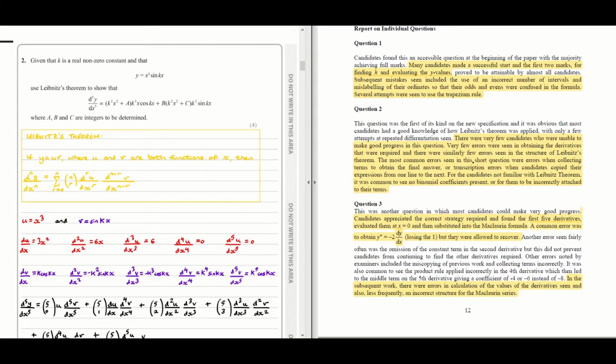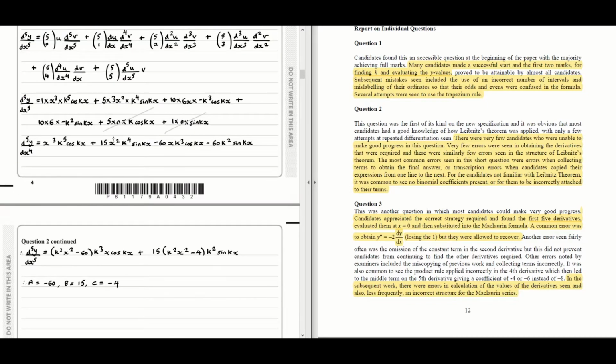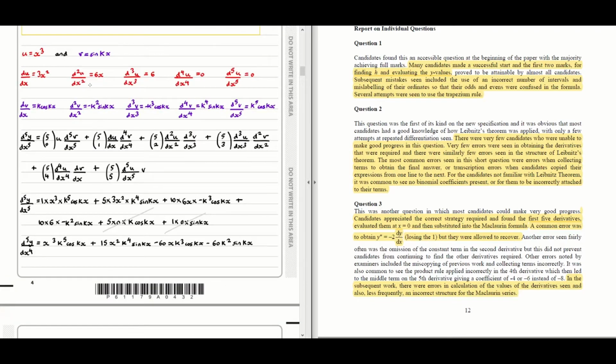The most common error seen in this short question were errors when collecting terms to obtain a final answer. So I think that's on about over here somewhere, where you factorize out. And if it helps, if you want to multiply back in to make sure you get this, then you can do that. There's nothing wrong with that. There were also mistakes when copying from one line to the next.